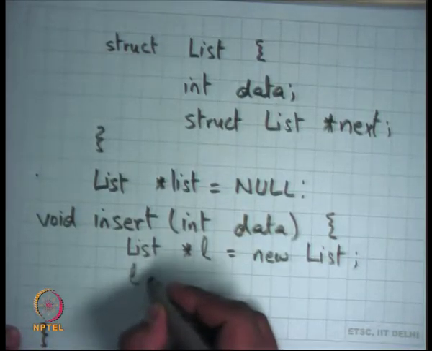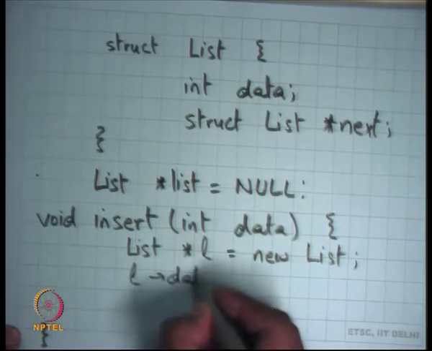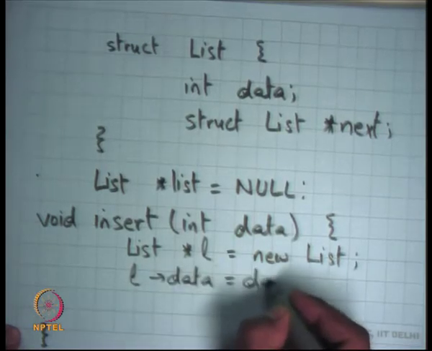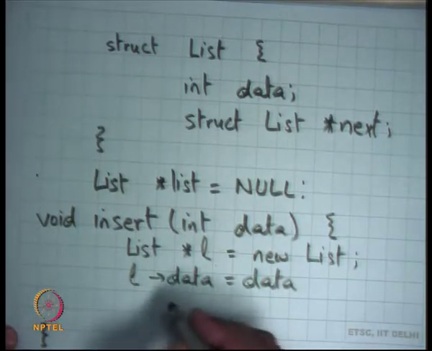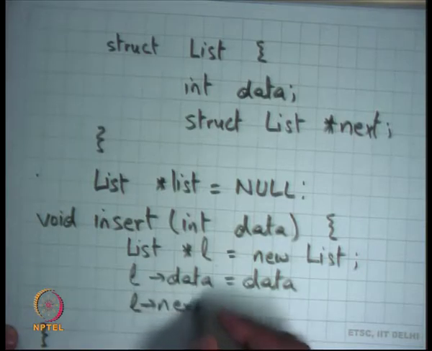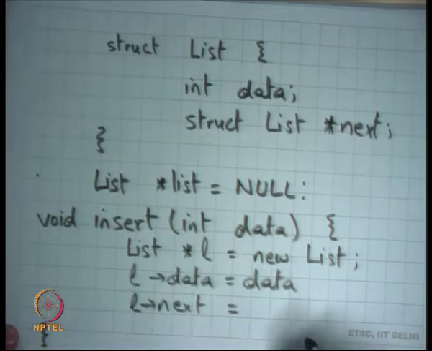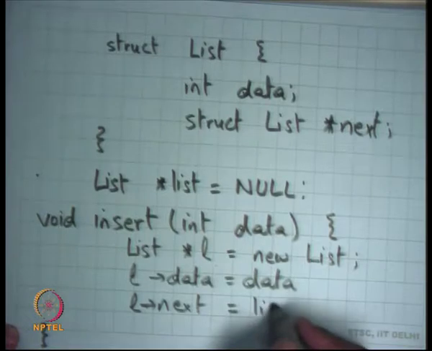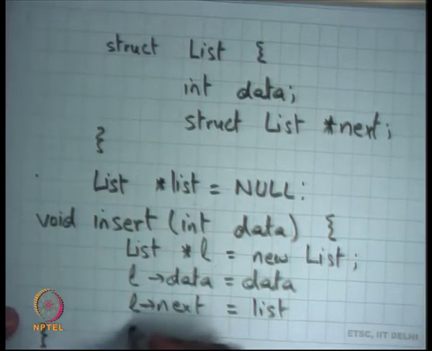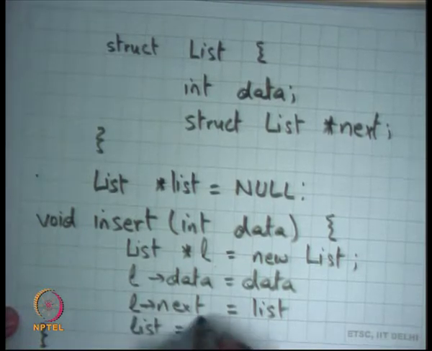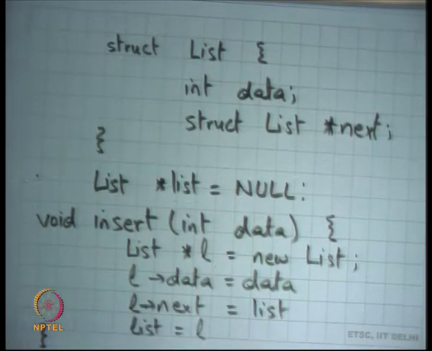You say L dot data is equal to data, and you say L dot next is equal to list. You just prepend it to the beginning of the list, and then say list is equal to L. So that's your insert function.